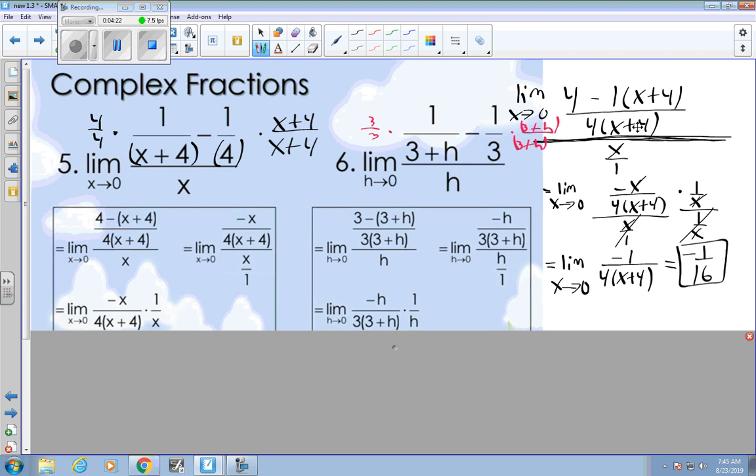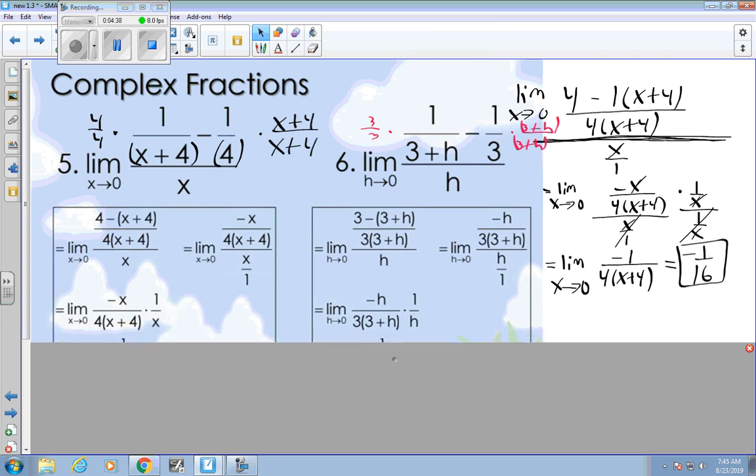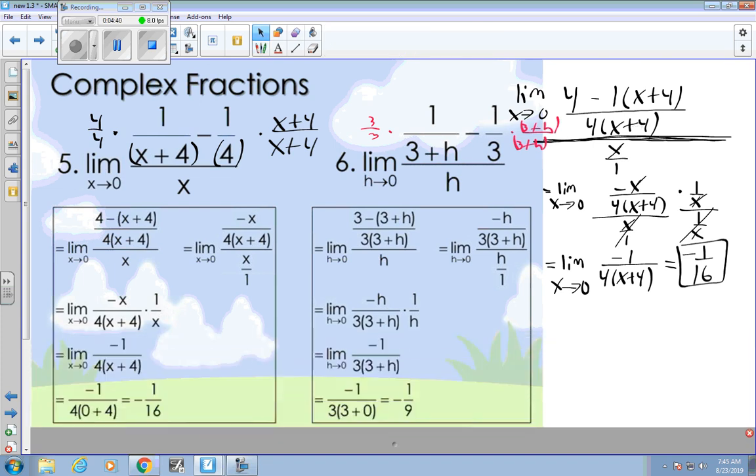But again, notice it's minus the quantity 3 plus h. And then from there, it's virtually the same problem. The constants cancel. You're left with the variable h. You flip the h over 1. They cancel. And you'll eventually get the answer, which appears to be negative 1/9 for that problem.